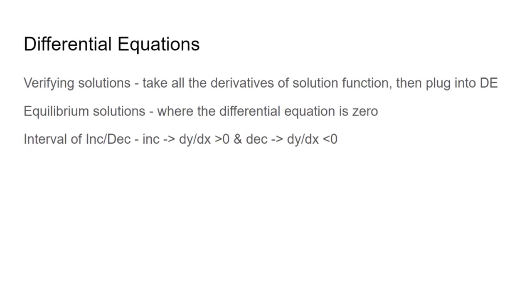Equilibrium solutions are where the differential equation is zero. I think these next two topics, equilibrium solutions and intervals of increase and decrease, only really apply to first order differential equations, and that's all we're going to talk about.